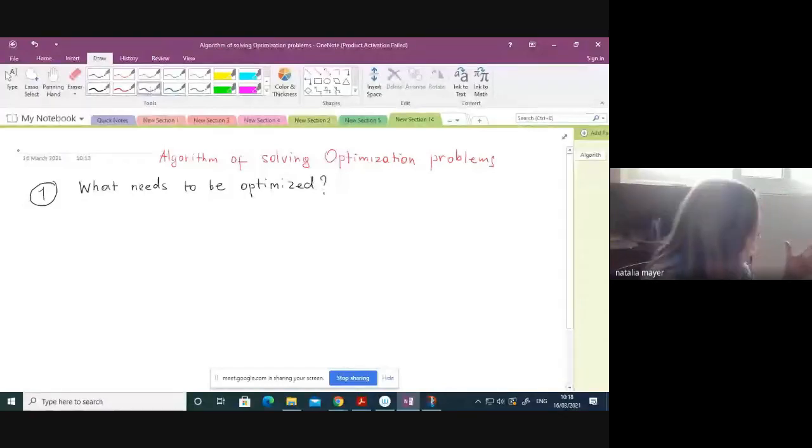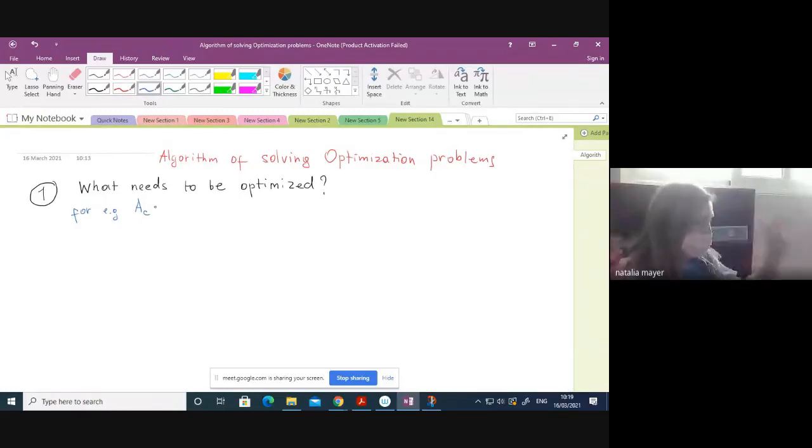So for example, in that question, we had combined area. That's why he gave an A with the subscript C, combined area, right? So what needs to be optimized? The combined area.